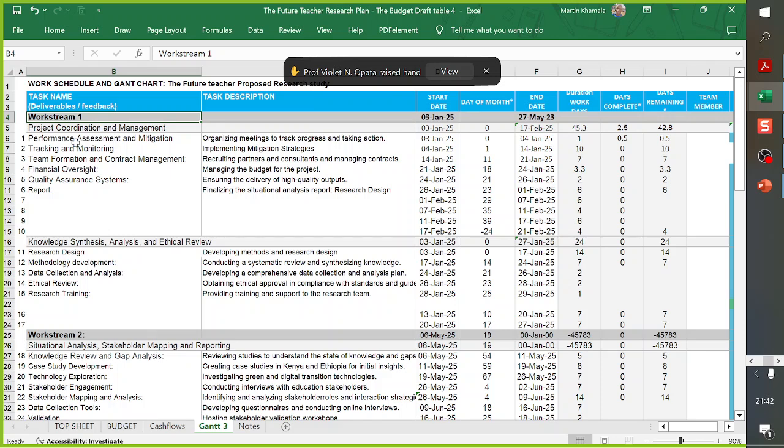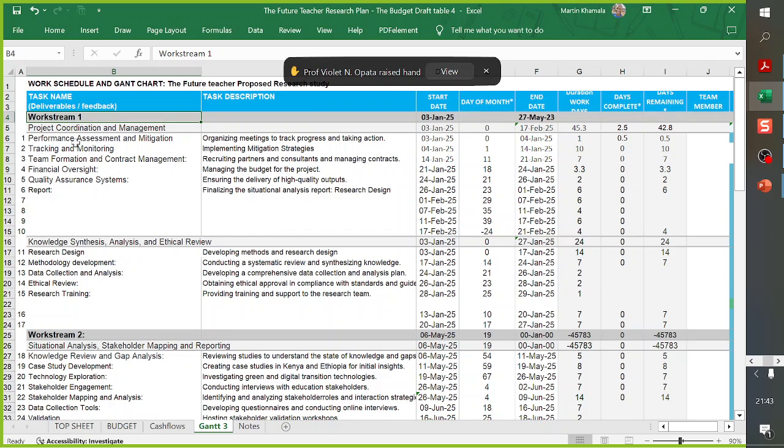And as we spell out the activities, we should be able to attach a responsibility, the person who is going to play that particular role. Because each activity will be commensurate with the person who is carrying out that responsibility. And it is upon that that you can come up with the time frame and the remuneration that you are assigning to that particular responsibility and the person carrying it out.